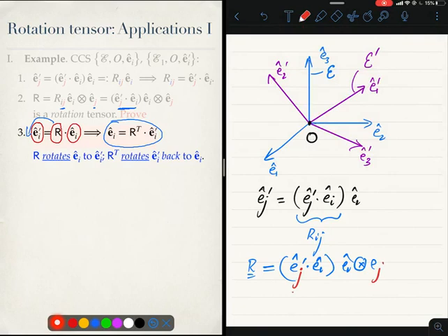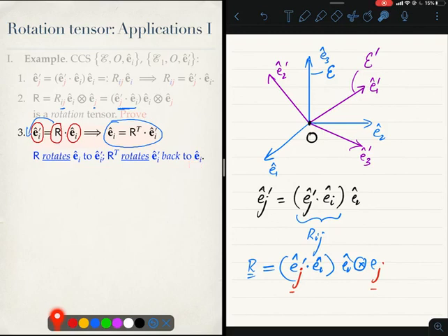Note how these two are in the sequence Ji, Ij. So this tensor R is able to rotate the unit vectors of the first coordinate system to the unit vectors of the other coordinate system, while R transpose rotates Ei prime, the new coordinate system, back to the original coordinate system.